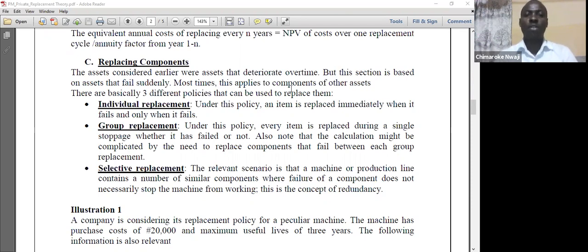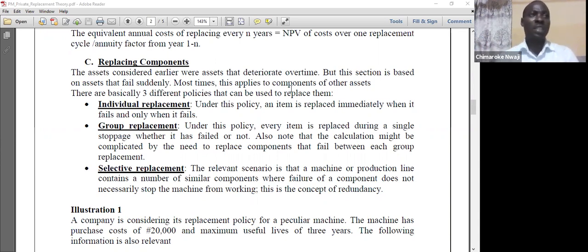Your plant and machinery deteriorates over time, and so the asset as a whole will not be optimally performing over time. But when we talk about a component that can fail suddenly, let's look at an electric bulb.